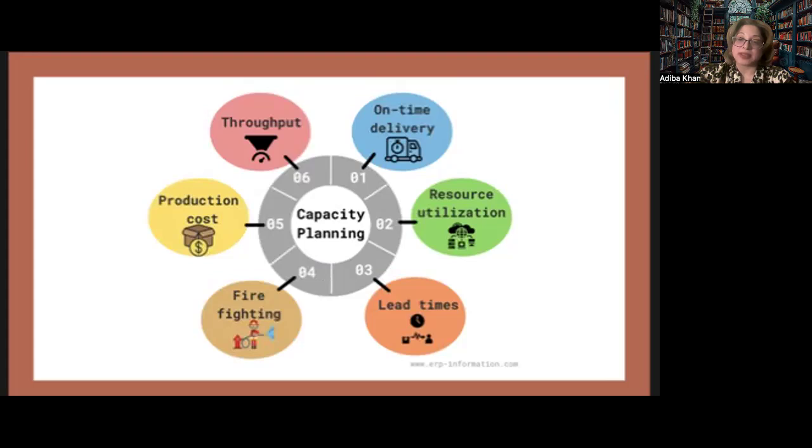Let's take an example. Say we have a bakery. Understanding how many pies can be made and baked in a given day using the existing number of baking ovens and staff, that would be your capacity.